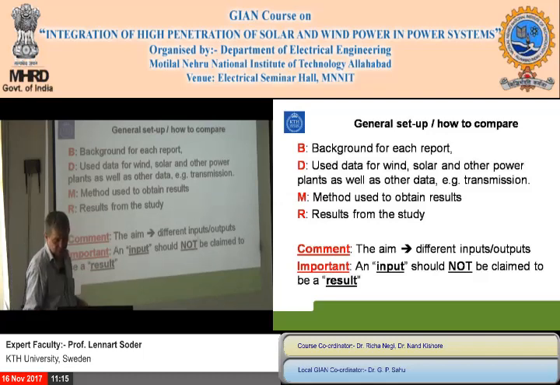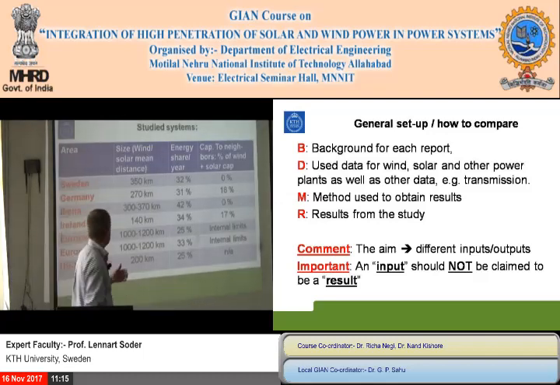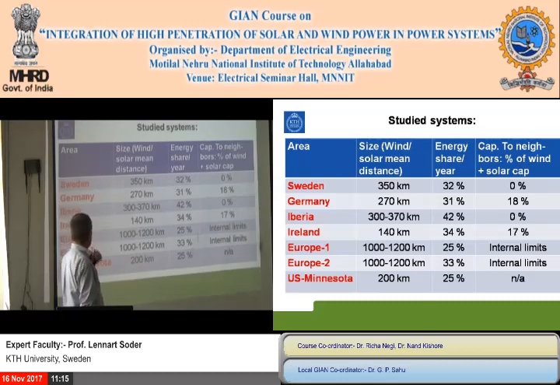One thing about these studies: one Europe report is made by the system operators in Europe. The question for them was, if we have a huge amount of solar and wind power, do we need to strengthen the transmission network?